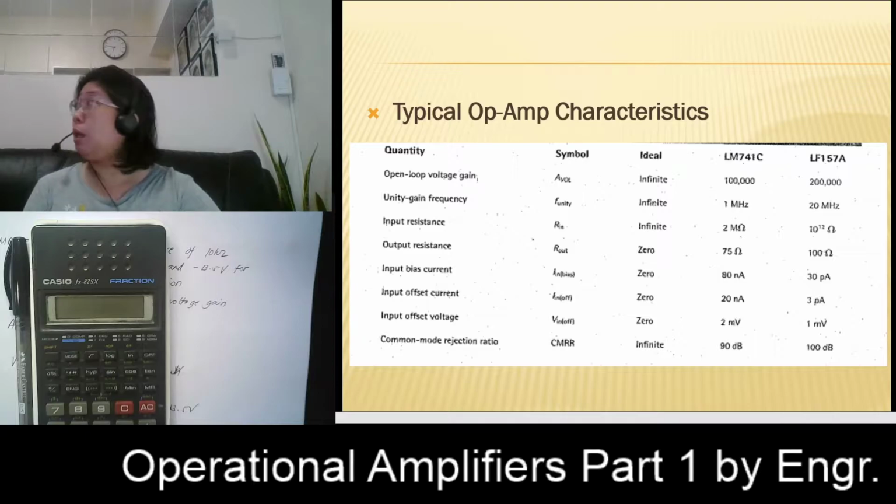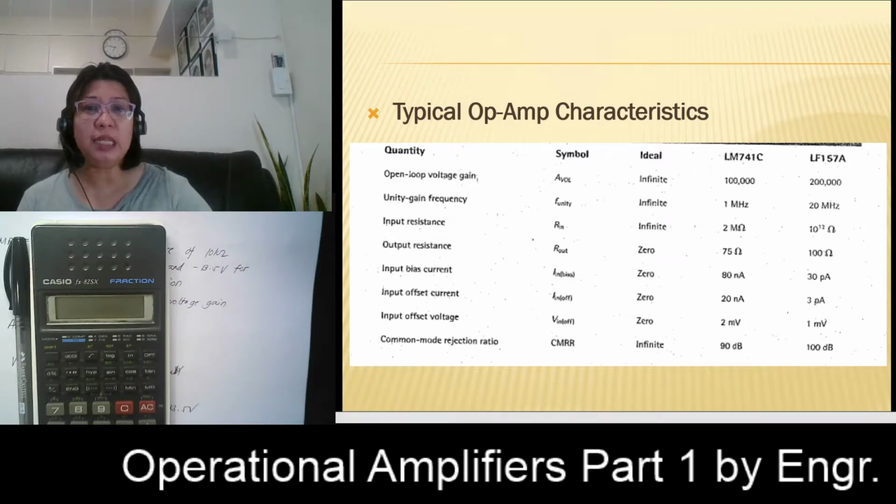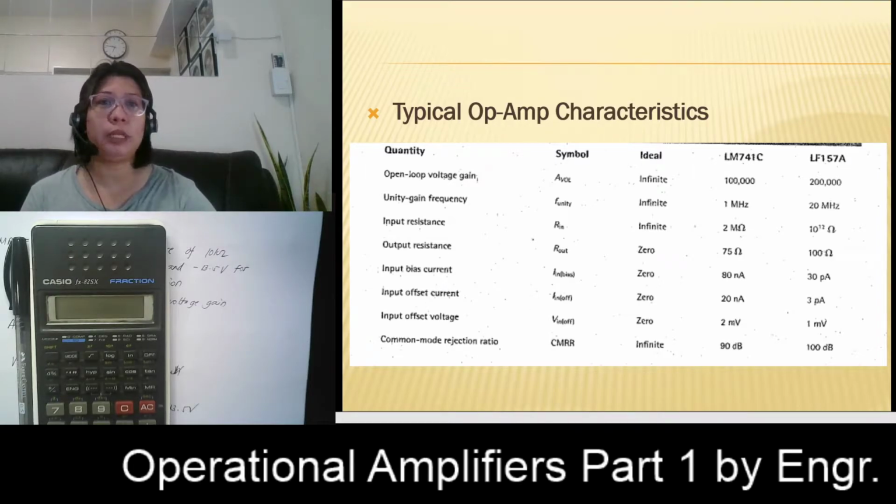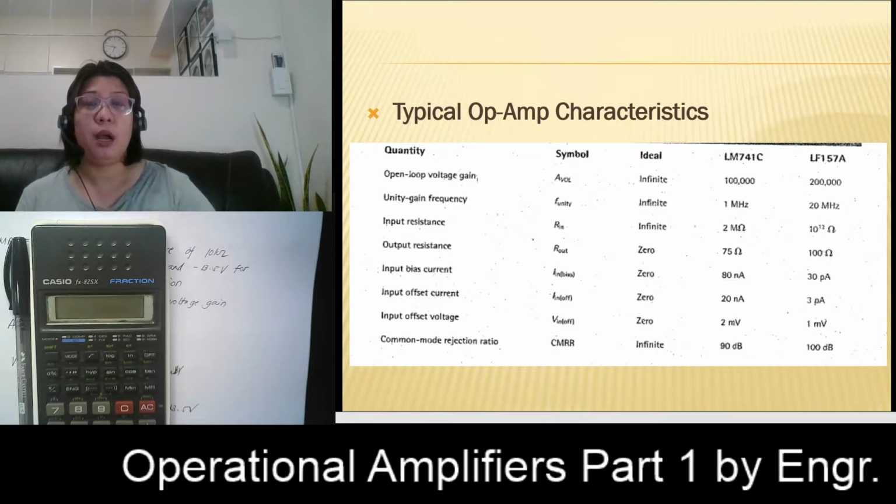We have the unity gain frequency, or F unity. We have the input resistance, R in, or input impedance in other references. We have the output resistance, or output impedance. We have the input bias current, the input offset current, and the input offset voltage.